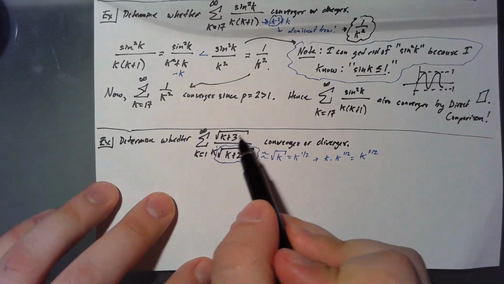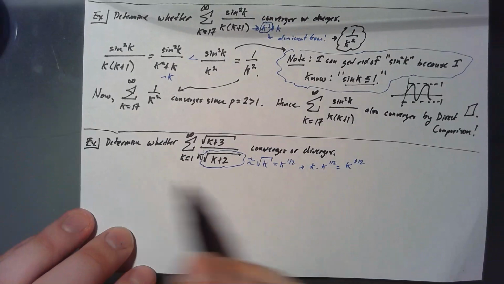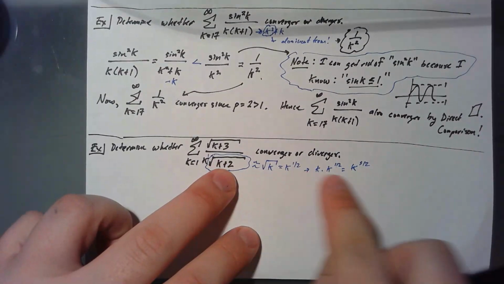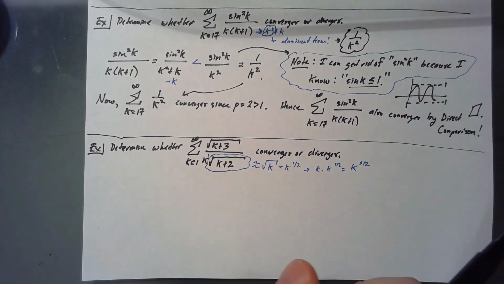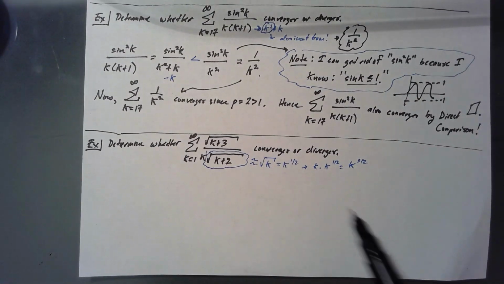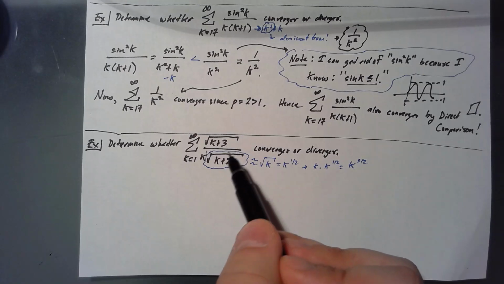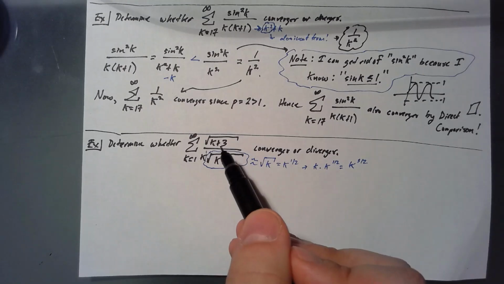But I can't just get rid of this one. So while I might be able to draw a conclusion by making this less than this and then go from there, I can't do it here. So what I gotta do is subtract something else, not from the bottom, but from the top.